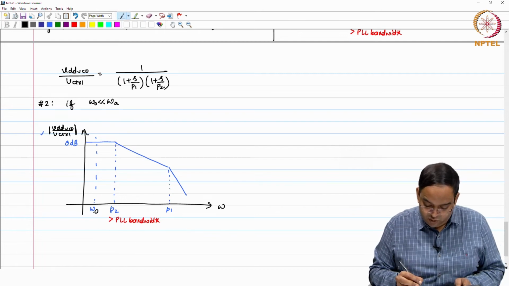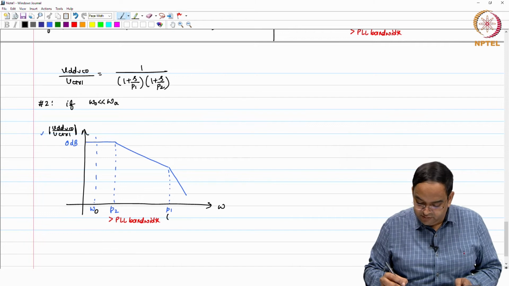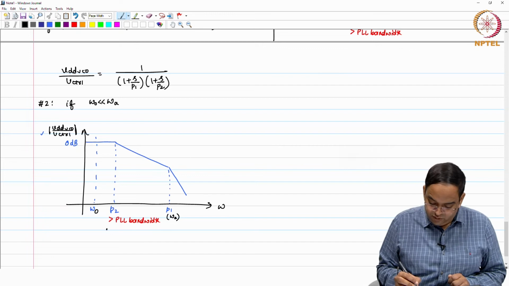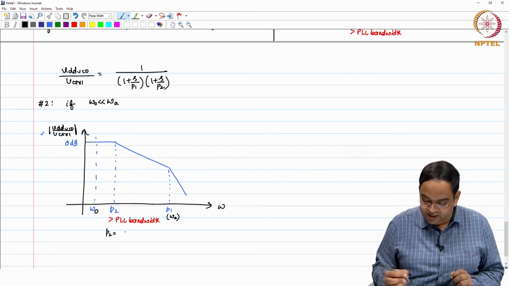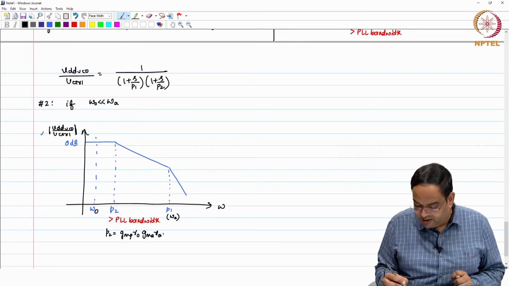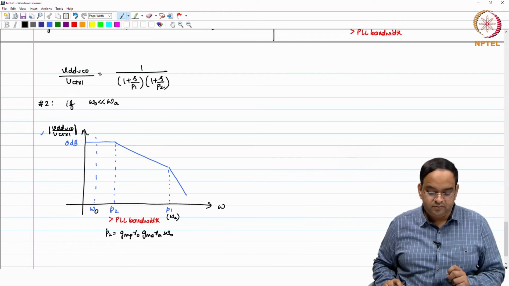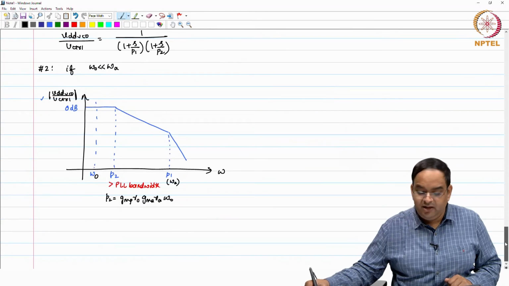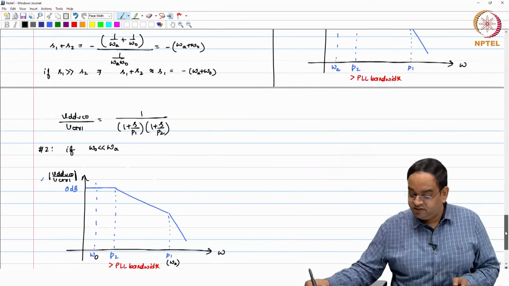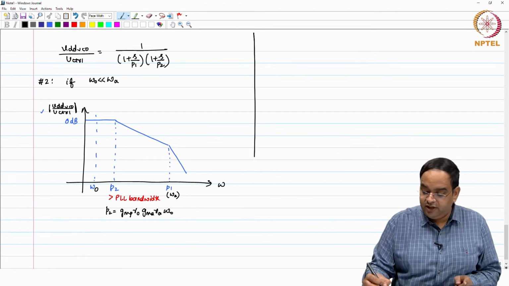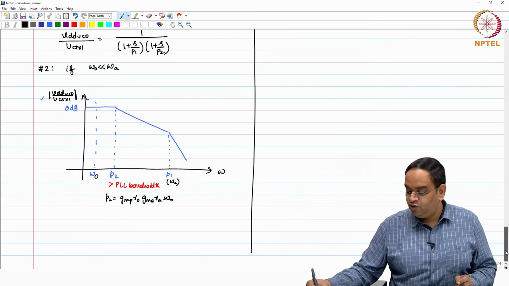This is omega O, and this one, P1, will be close to omega A. And P2 is nothing but your DC gain, which is GMP RO GMA RA, times omega O. Everything else remains the same. In this case also this has to be greater than the PLL bandwidth. Okay, so this is simple. Now, we just need to ensure that the regulator bandwidth is greater than the PLL loop bandwidth.